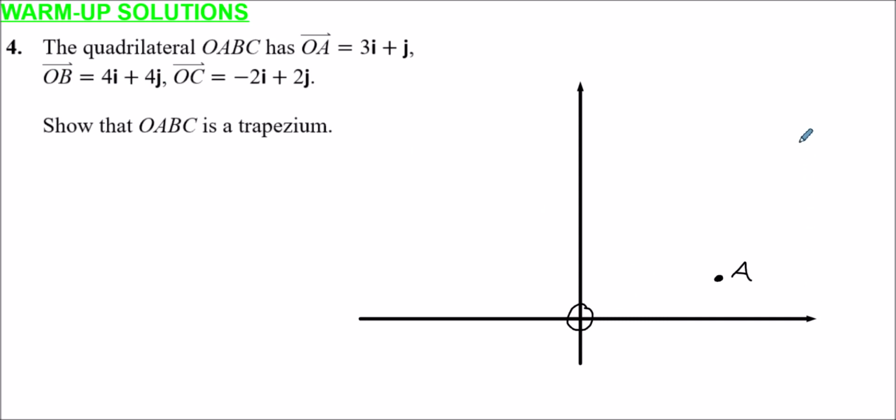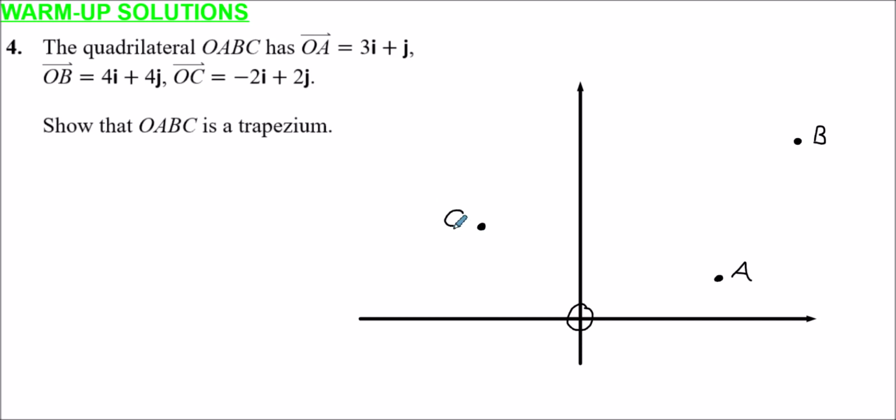This would be about here, and that's B. And C is -2I plus 2J, and so this would be maybe something like this, and that would be C.